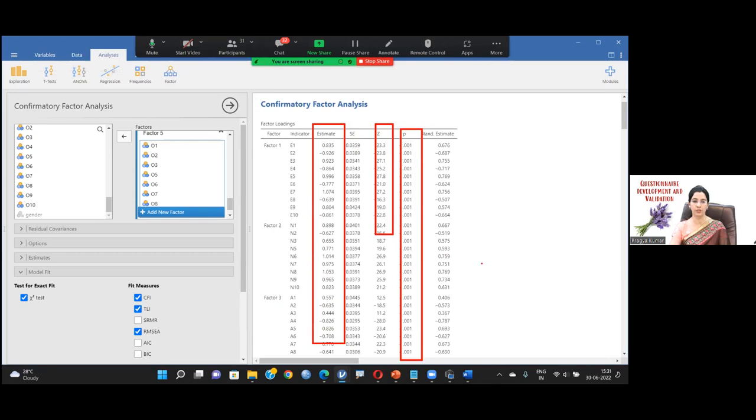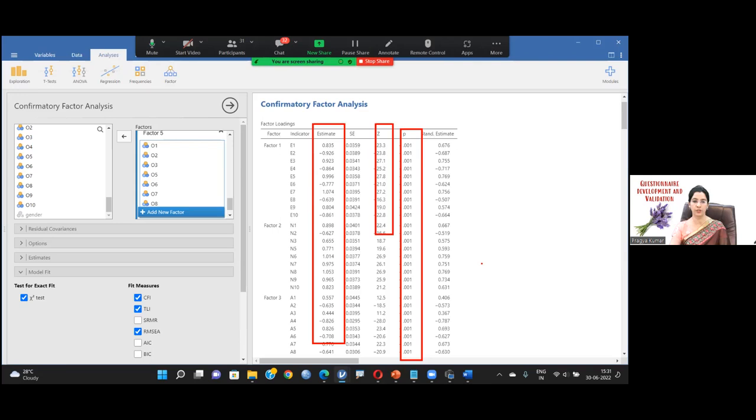So in confirmatory factor analysis, you can think that it makes a regression equation. It is based on multiple regression. In multiple regression, remember that we used to have a dependent variable and independent variables.